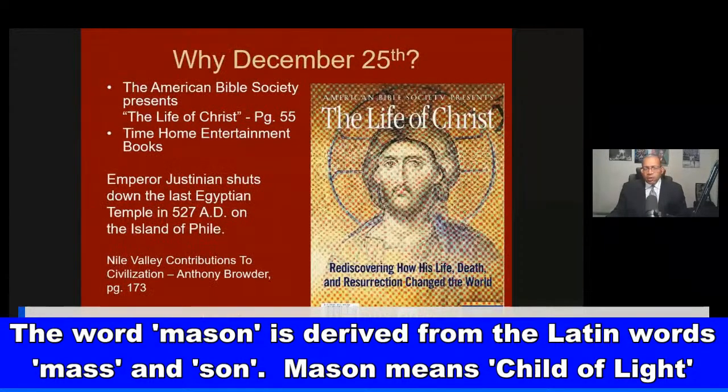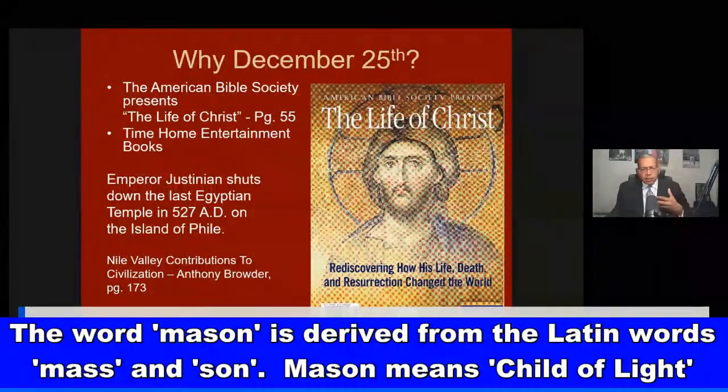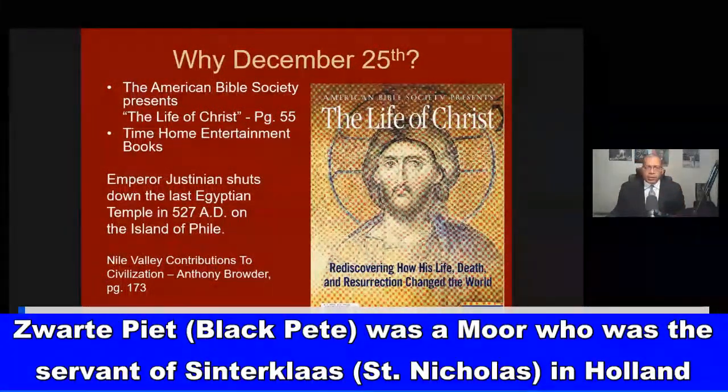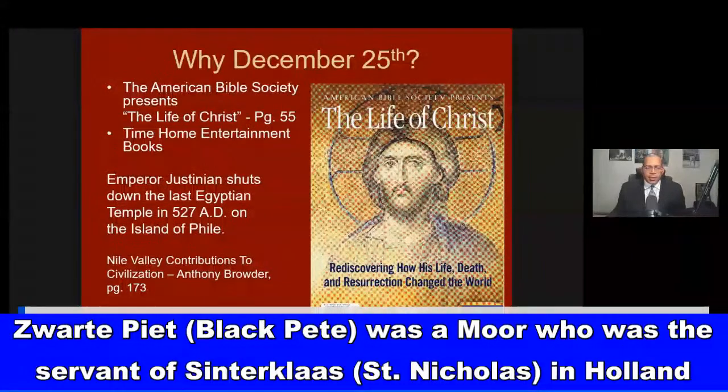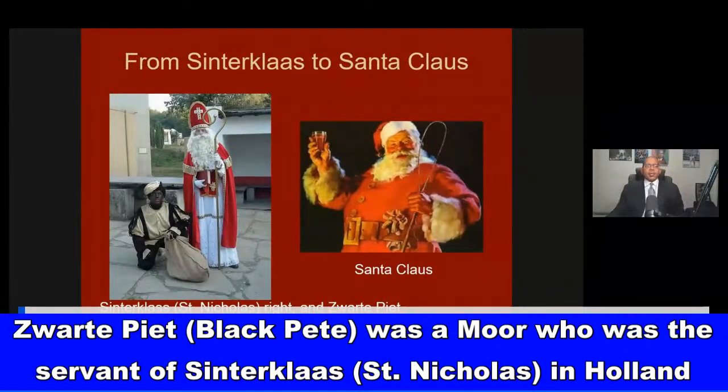So we also look at things like why is Christmas celebrated on December 25th, because nowhere in the biblical text does it state that Yeshua or Jesus was born on December 25th. We look at the origins of Santa Claus coming from Sinterklaas, which is celebrated amongst the Dutch in the Netherlands, and they have the celebration of Sinterklaas and Zwarte Piet.